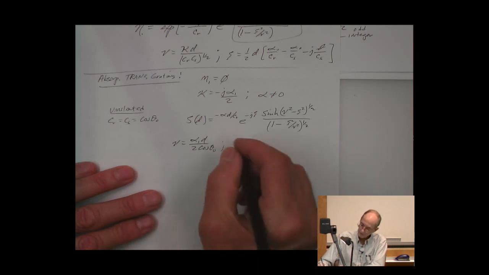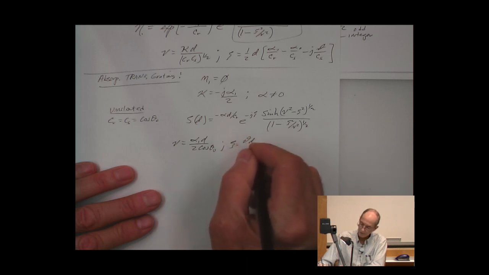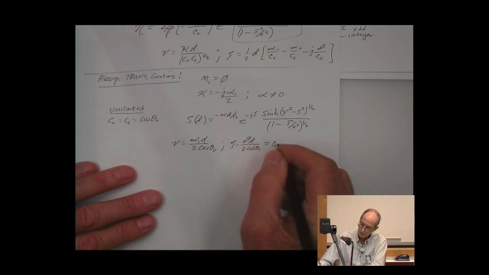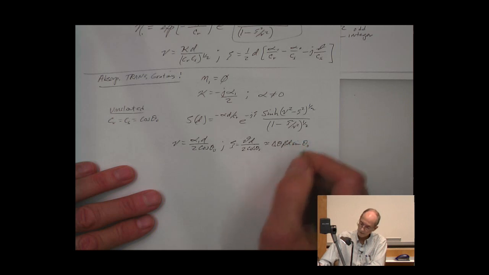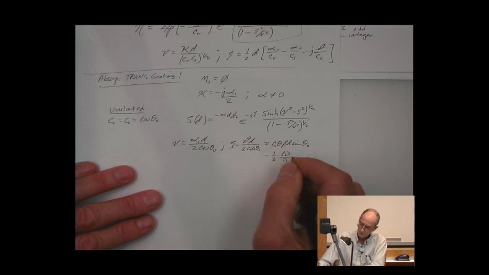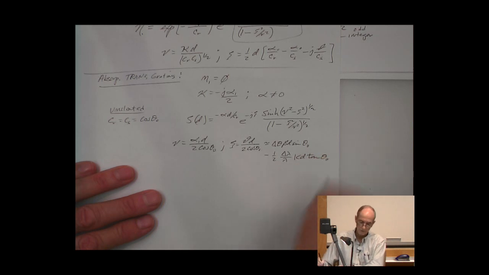And psi is equal to the detuning parameter times d over 2 cos theta 0, which, again, was equal to, for the approximation form with small deviations from Bragg, delta theta beta d sine theta 0, minus 1/2 delta lambda over lambda k d tan theta 0.